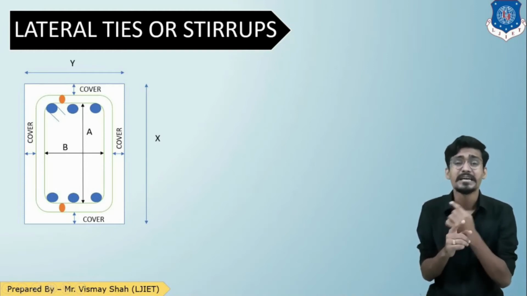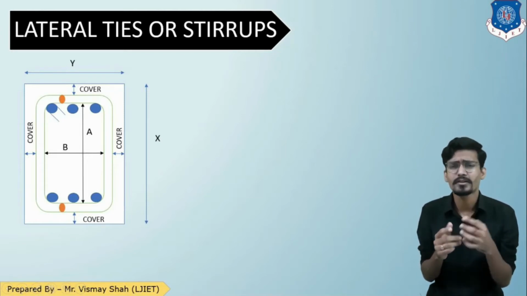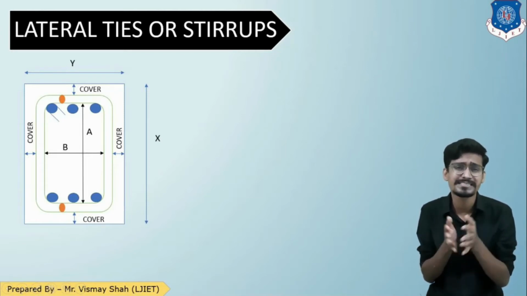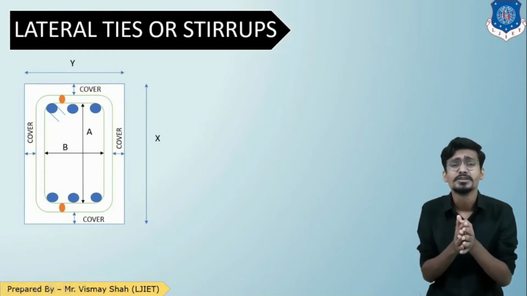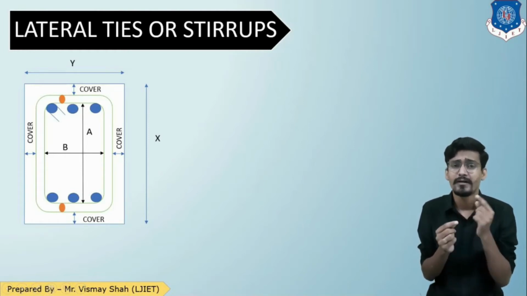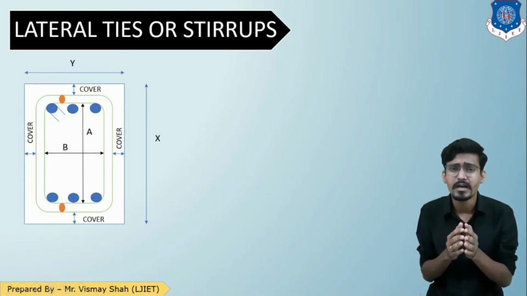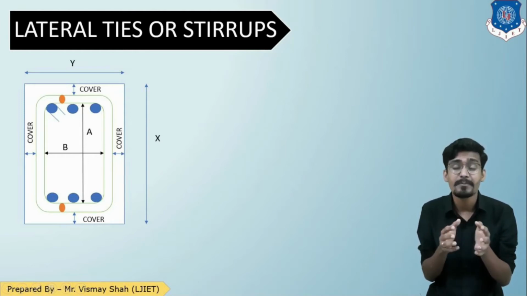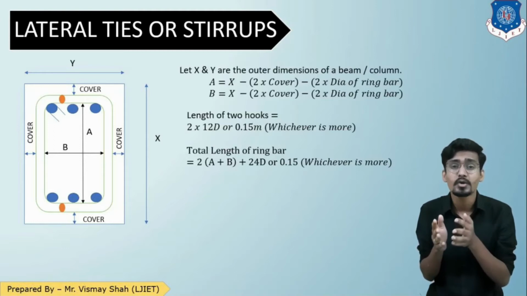As you can see, this is the stirrup or lateral tie or ring. In site language, it is known as a ring. I have shown it after leaving out the cover distance. Now we need to find the length of this ring. Ultimately that will be 2a plus 2b.